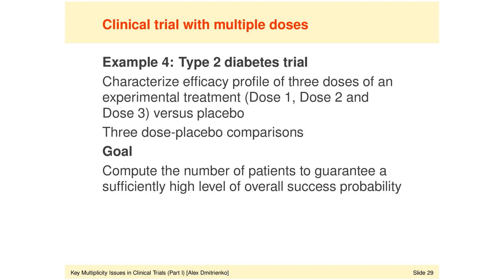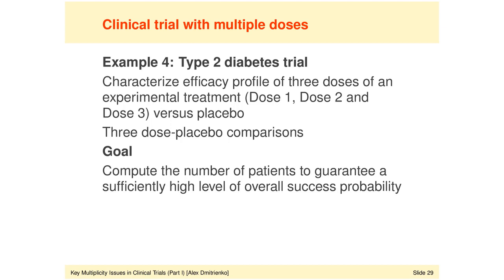Example 4, type 2 diabetes trial. So far, I have introduced a general simulation-based approach to performing power calculations, as well as the Mediana package that was designed to support simulation-based calculations in late-stage clinical trials. And we're now ready to apply this knowledge to run power calculations in 2 case studies with multiple clinical objectives.